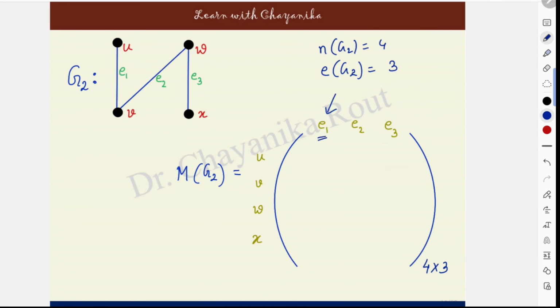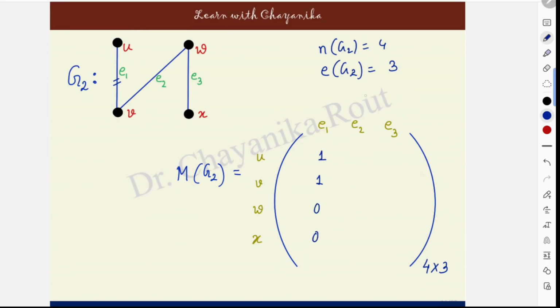In the graph I can see the edge E1 has u and v as the endpoints. So under the column E1, find the rows corresponding to the vertices u and v. This is the row corresponding to u, this is the row corresponding to v, and those entries are going to be 1. So only those vertices which are end vertices of the corresponding edge that we are talking about are 1 and the remaining will get a 0.